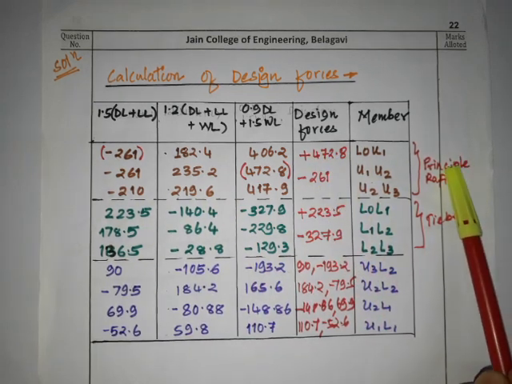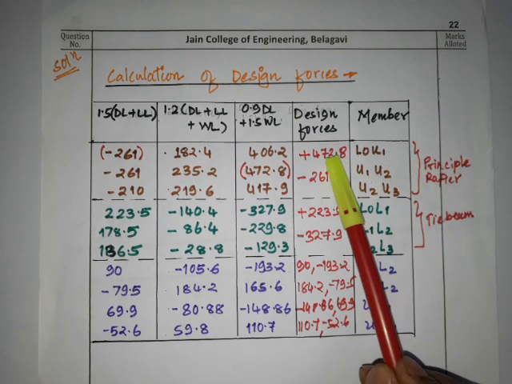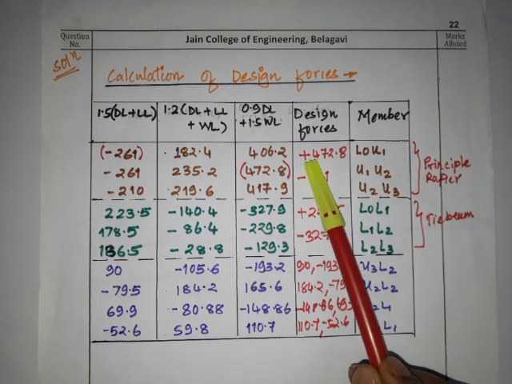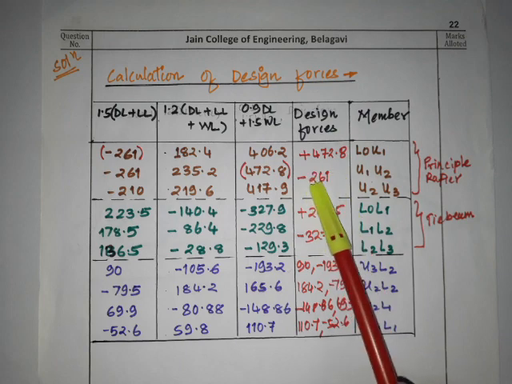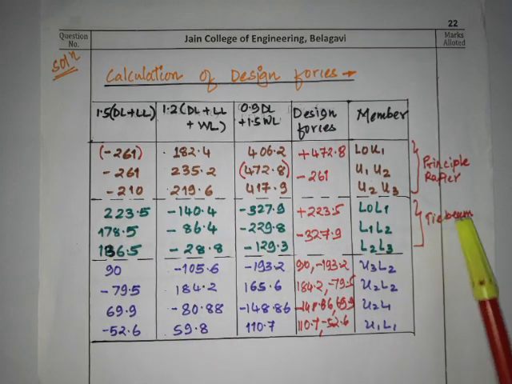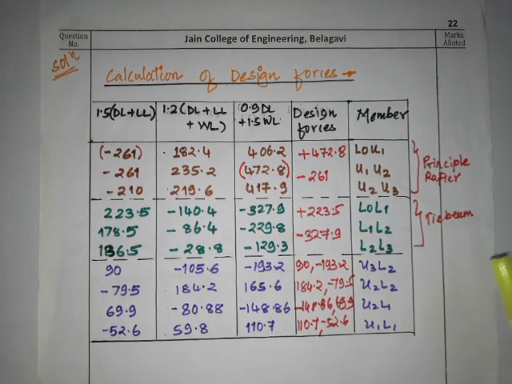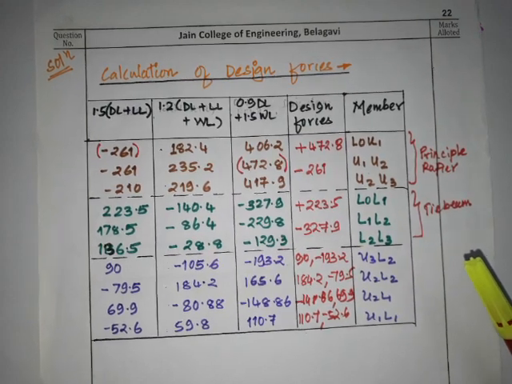Now we have to design the principal rafter to counteract the tensile force of 472.8 kilonewton and the compressive force of 261 kilonewton, and so on for tie member and for other interior members. You have to consider the maximum force, and for those forces you have to design the member.